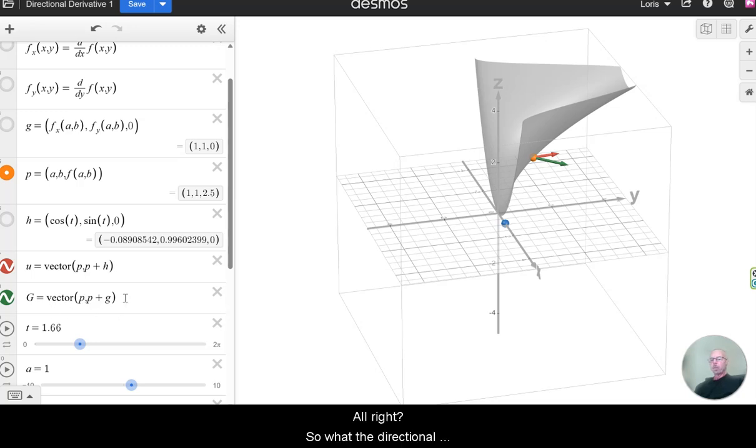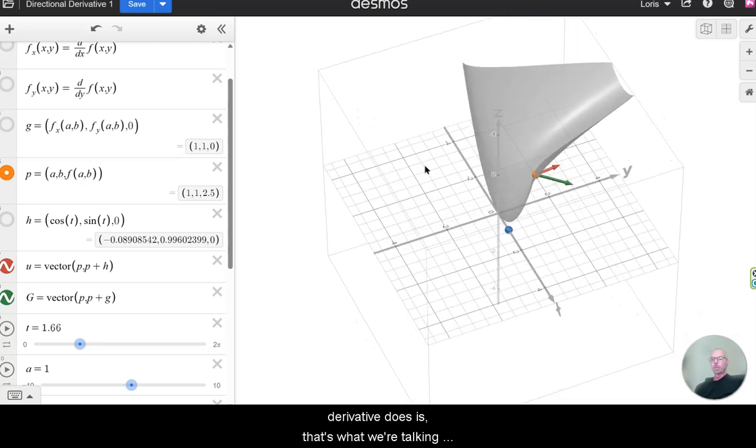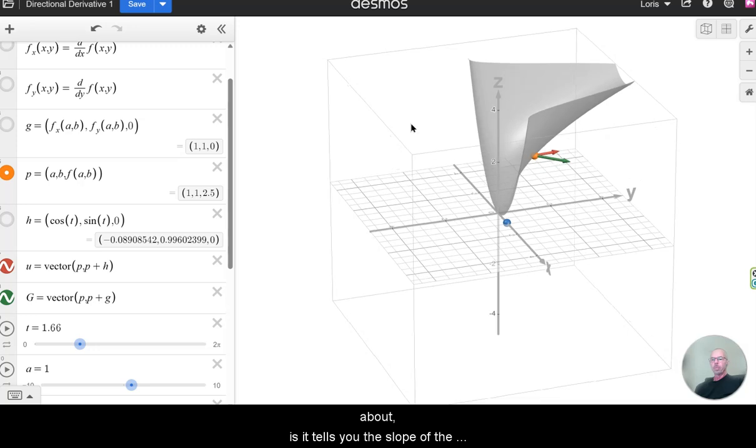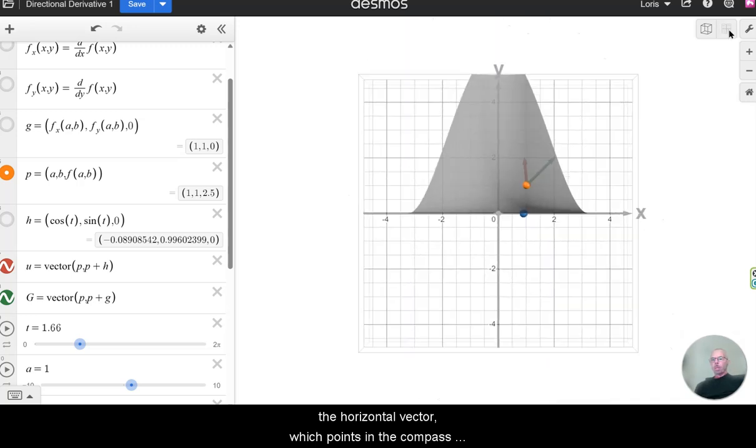All right. So what the directional derivative does, that's what we're talking about, is it tells you the slope of the curve in the direction of u. And you use the gradient to get there. So in previous videos we showed that the gradient was the horizontal vector, in these 3 dimensions, which points in the compass direction of steepest ascent.